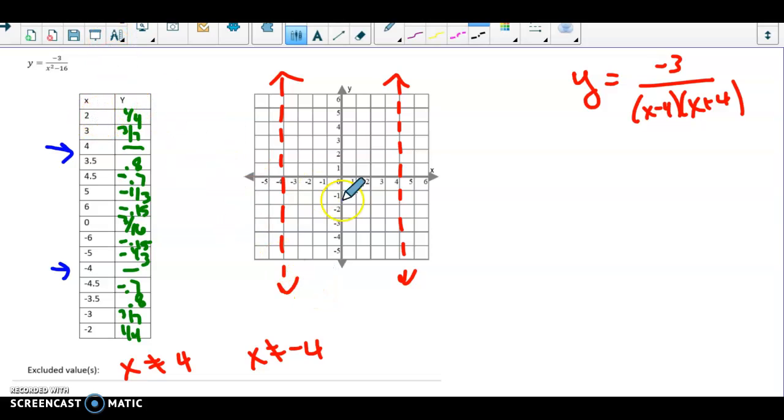So let's plot these points. We got 2 1/4. We got 3 3/7, which is a little bit more than that. At 4, I got an asymptote. At 3.5, I got 0.8. At 4.5, I got -0.7.